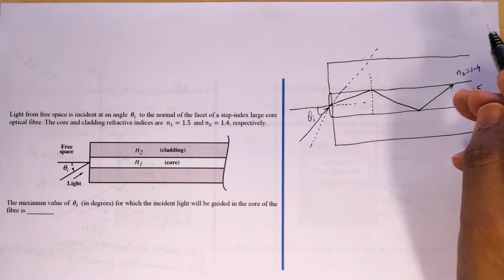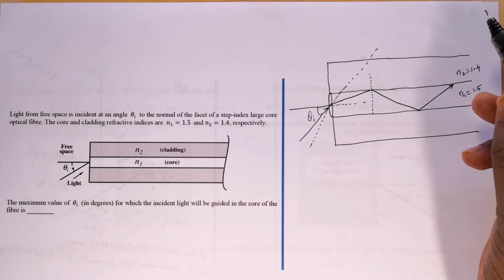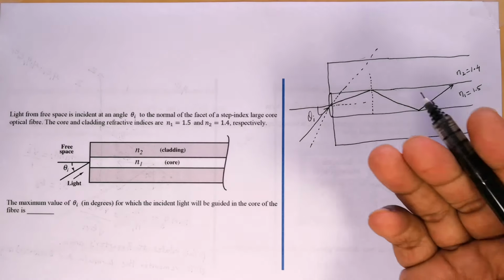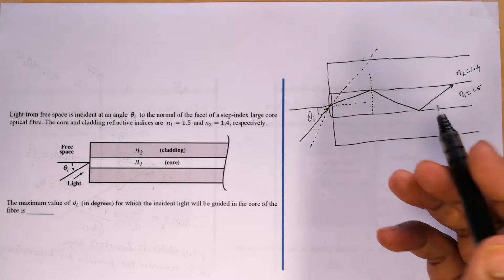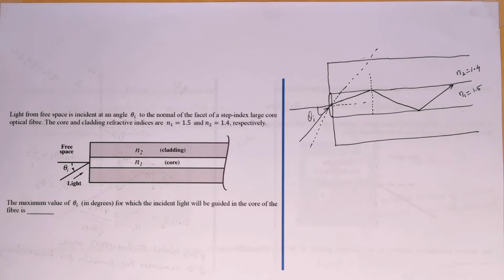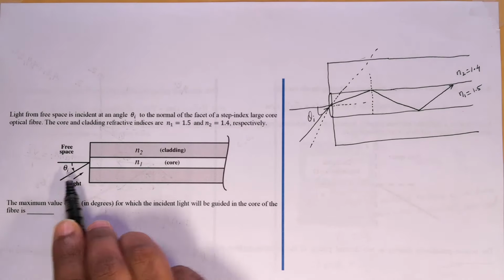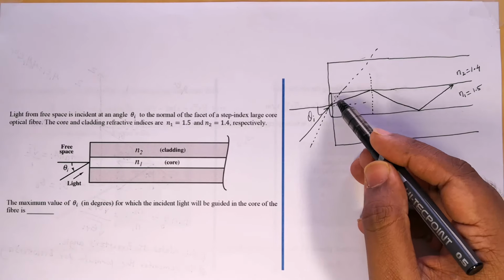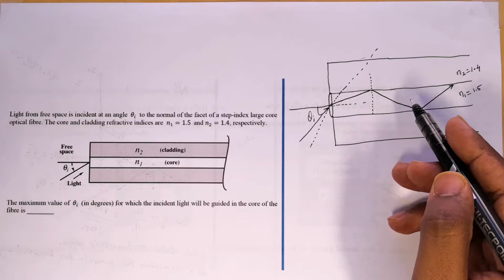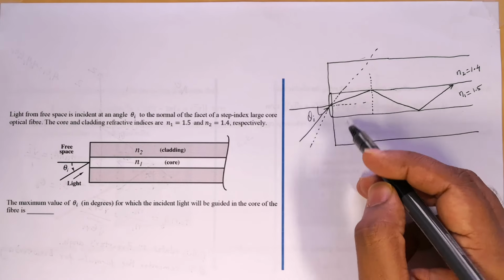This is the basic principle on which all optical fibers work, and all your mobiles and internet work on the principle of light guidance inside the optical fiber. So what we have to find is the maximum angle at which, if we hit the core, the light is guided inside the optical fiber. This is quite easy to formulate.